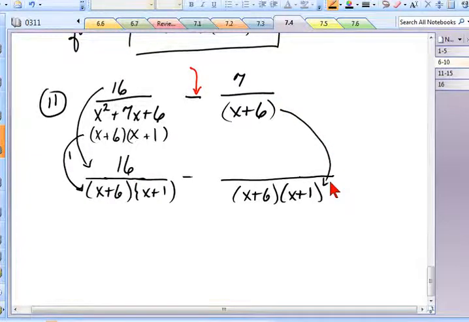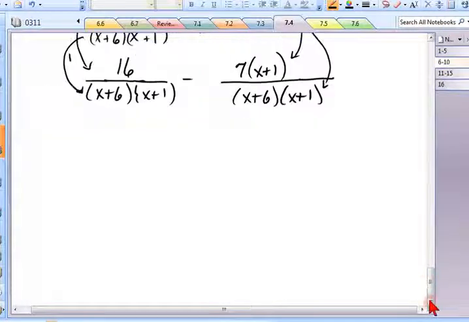Second fraction. What has x plus 6 been multiplied by to get you the common denominator? X plus 1. So if the bottom was multiplied by x plus 1, then the top needs to get multiplied by x plus 1. But you're going to have to be careful because in just a minute, what's going to be the sign on the 7? Negative.